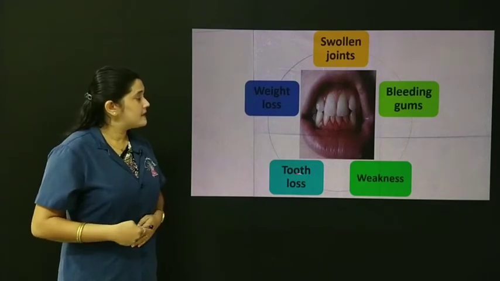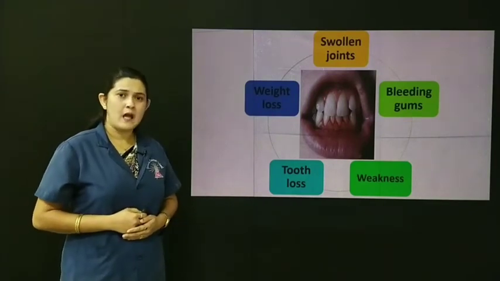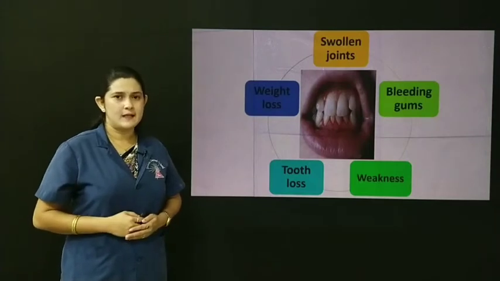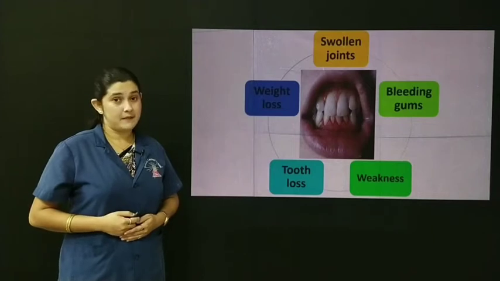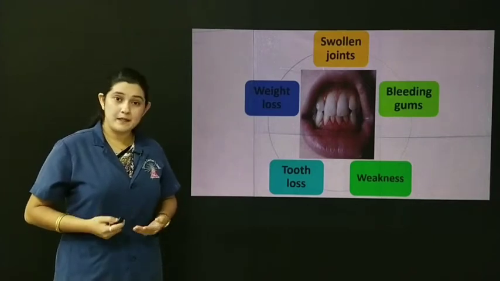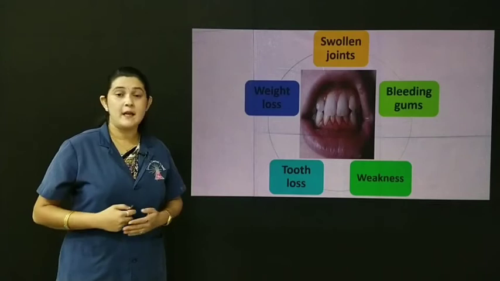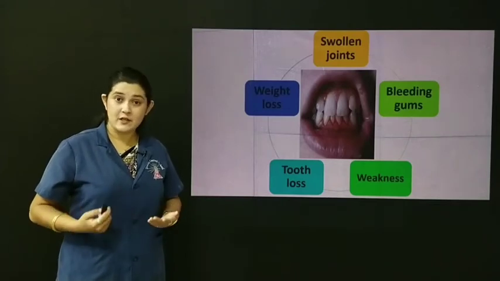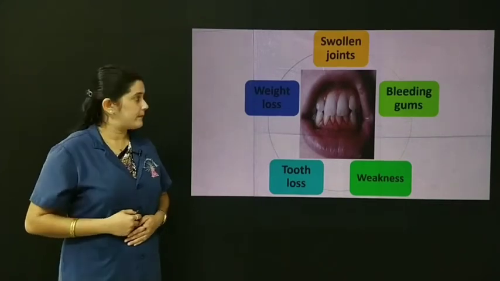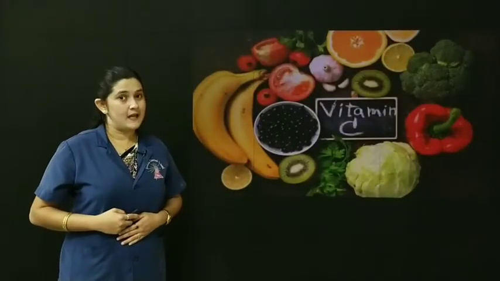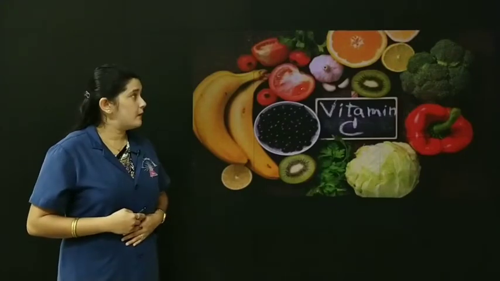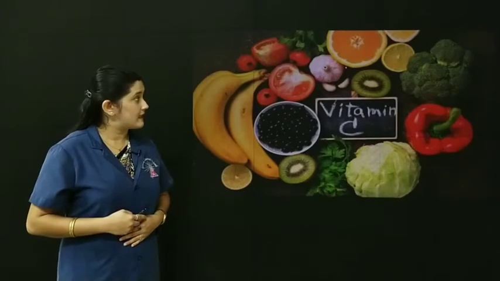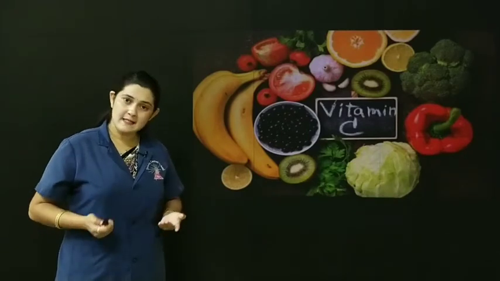These are the symptoms of scurvy. How is scurvy caused? It is caused because of deficiency of vitamin C. So, the person who is suffering from scurvy must have food that is rich in vitamin C. The foods that are rich in vitamin C are banana, tomato, citrus fruits that is orange, lemon and so on.